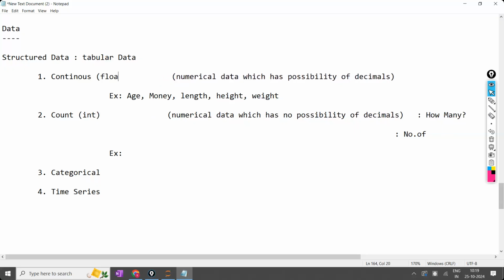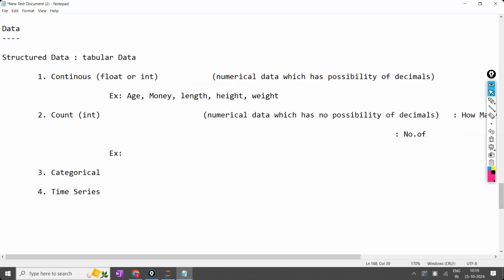It is going to be in the float or it can be even in the int also. Both are possible for continuous. For count variable, both are possible? No. For count variable, only one possibility is there. So this one comes under number of bikes, number of cars, number of mobile phones, number of books.